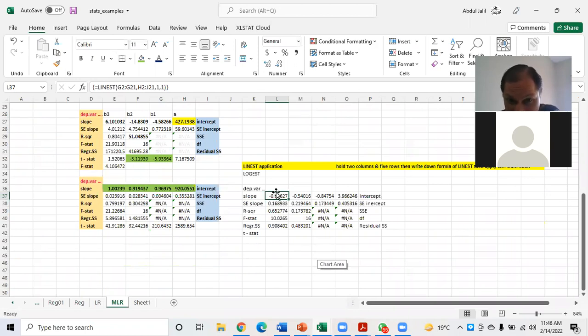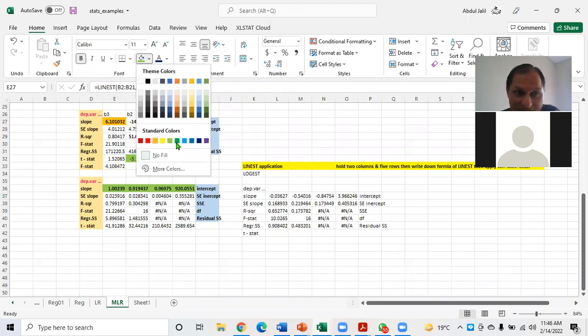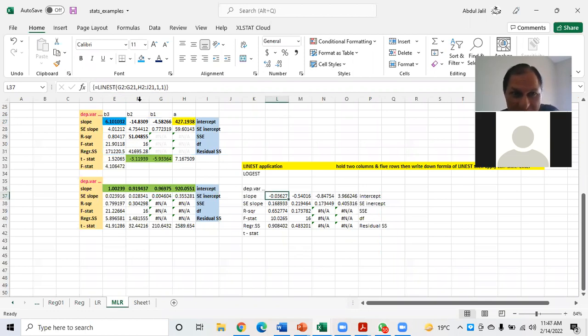but they are not exactly 100% correct, because which sign should be positive? This sign should be positive, right? As I just mentioned, because this is the heating cost. So if I make it blue, then this should follow this. The other two signs are correct, right?